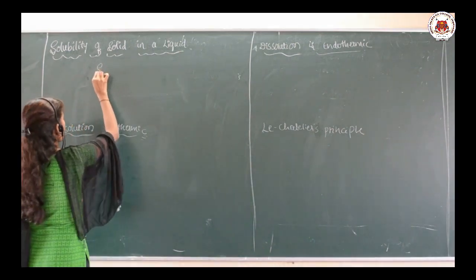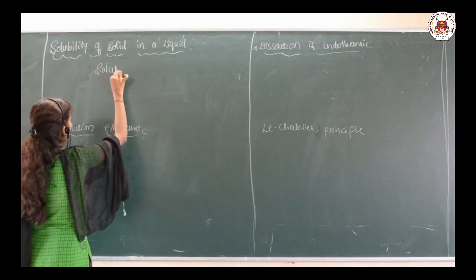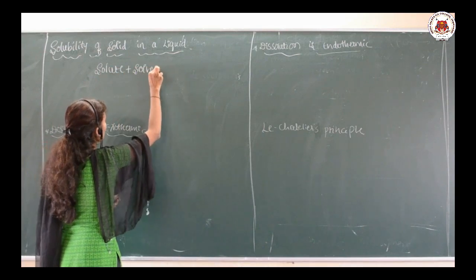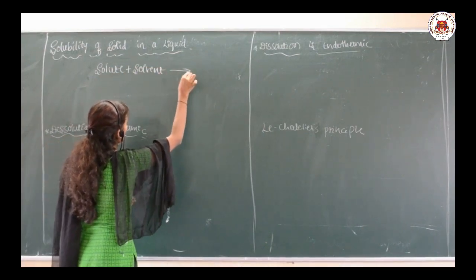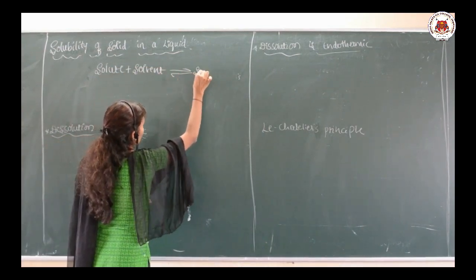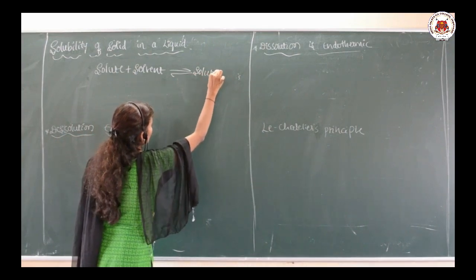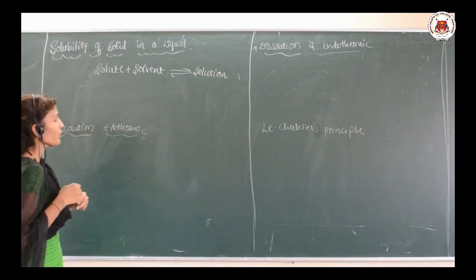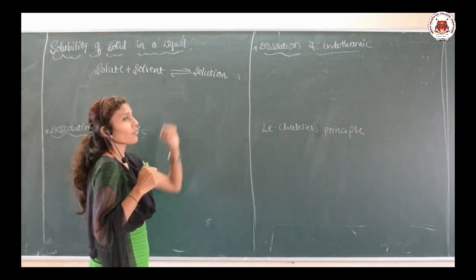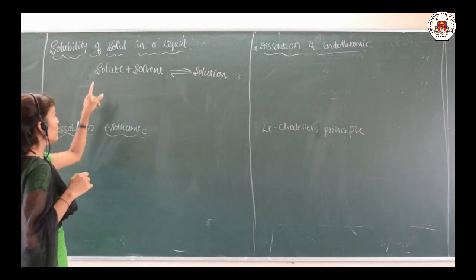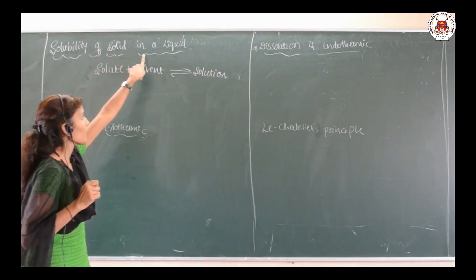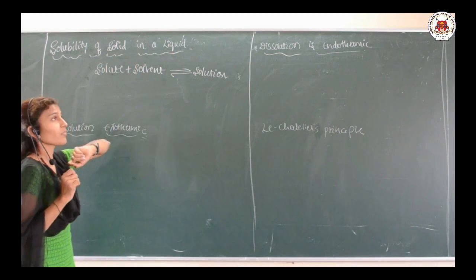So let me tell you one thing. Whenever solute combines with solvent, there is a formation of a solution. The solute and solvent give rise to a solution. And here we are talking about the solubility of a solid in a liquid.